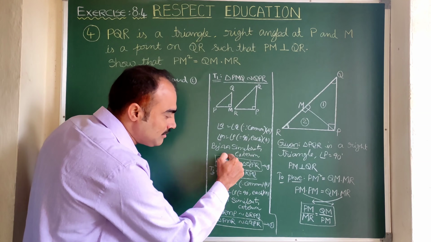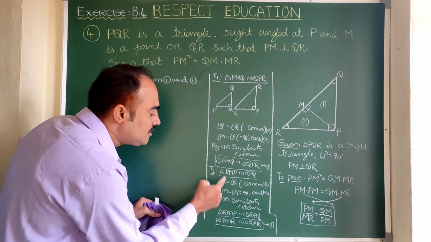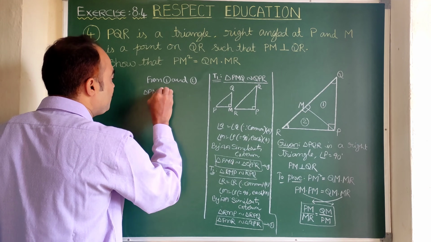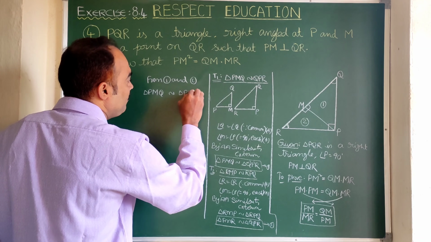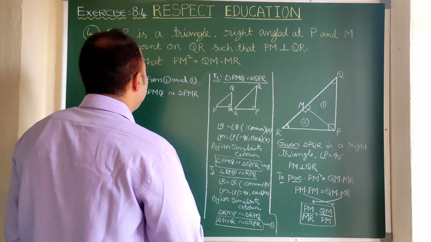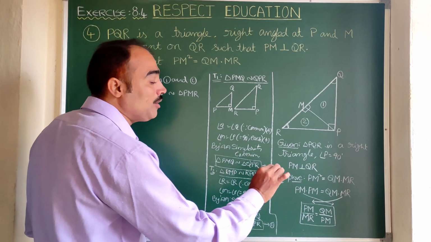Two triangles are similar to the same triangle, then definitely these two triangles are also similar. Let us write that clearly. Triangle PMQ is similar to triangle PMR. Right? Now when two triangles are similar, their corresponding sides are in proportion.